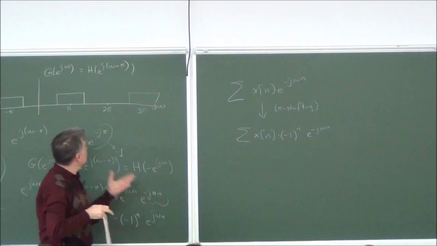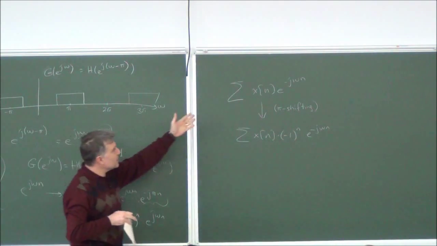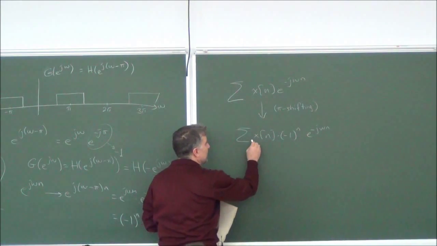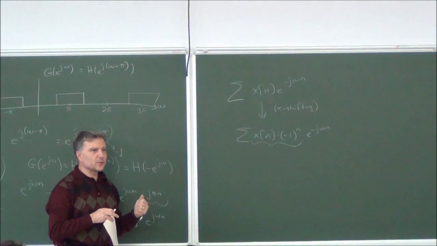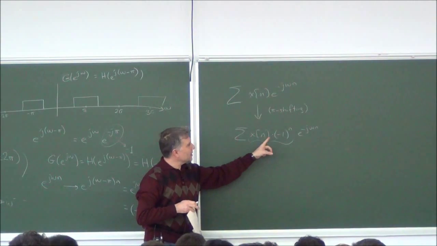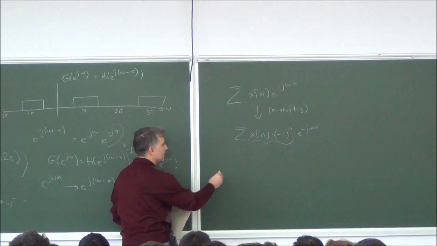By making a shift of pi from a low pass to a high pass, this is what we do. And it gives us a hint that the high pass version of your signal is obtained from the low pass signal by multiplying your signal with minus 1 to the power n. That's how you should do it.